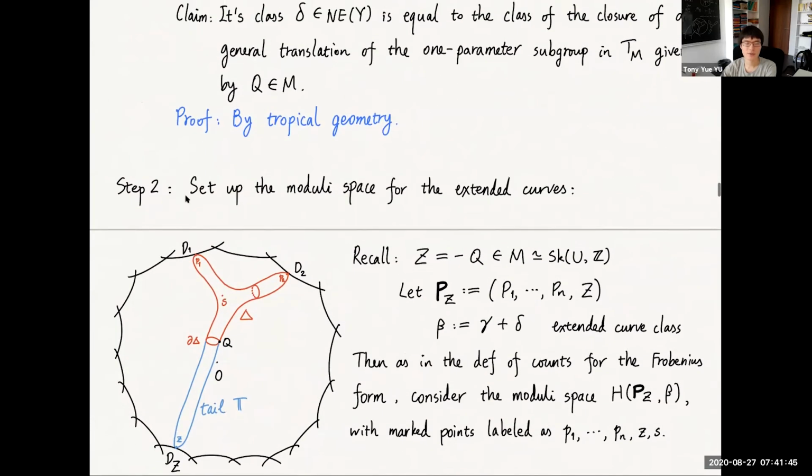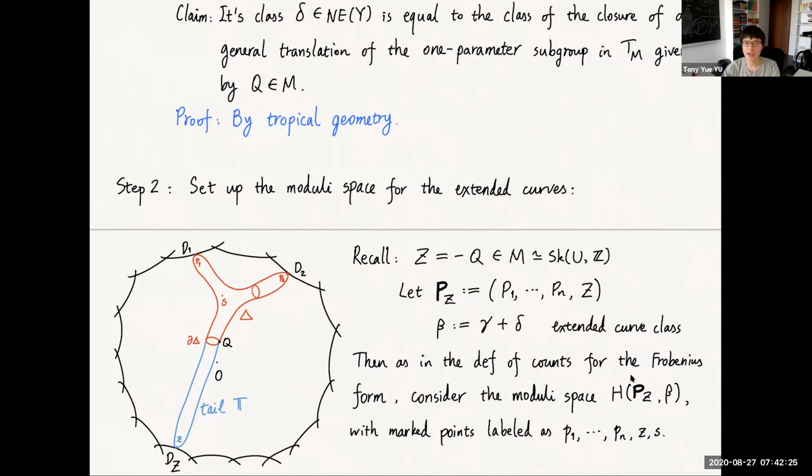And the second, we should set up the moduli space for the extended curves. So recall we have Z. Z is the opposite of Q, and we consider a tuple PZ combining all the points Pi with Z. And we define beta to be gamma, the original curve class, plus the curve class of the tail. So beta is the curve class of the total rational curve.